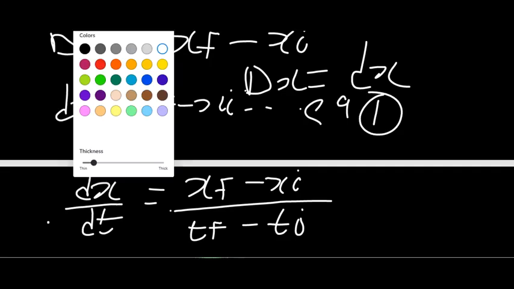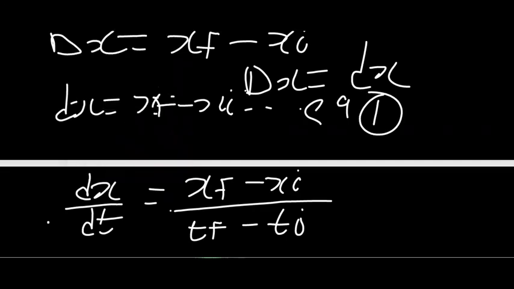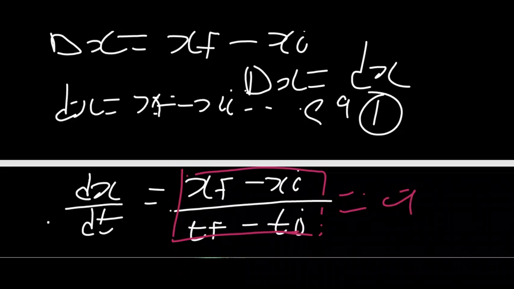So we can say this is equal to what? Not A but V. We're talking about velocity. So we're having V.